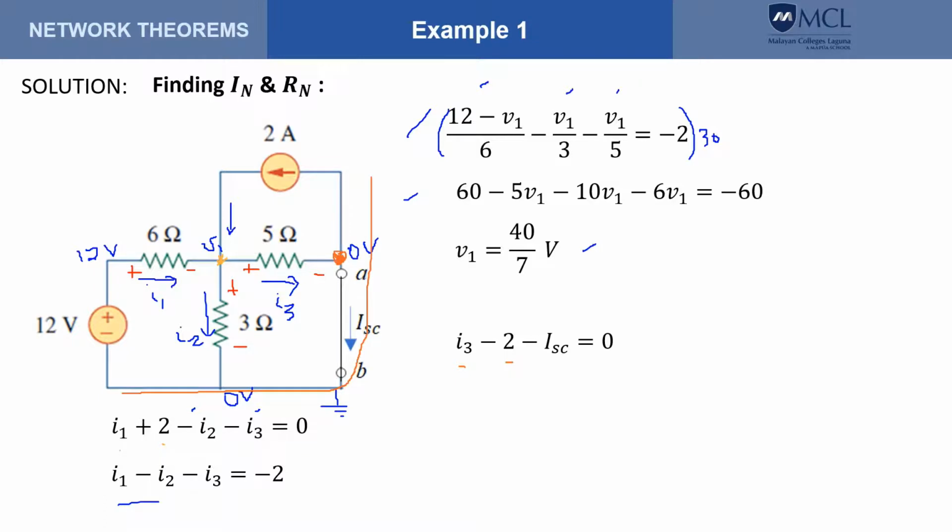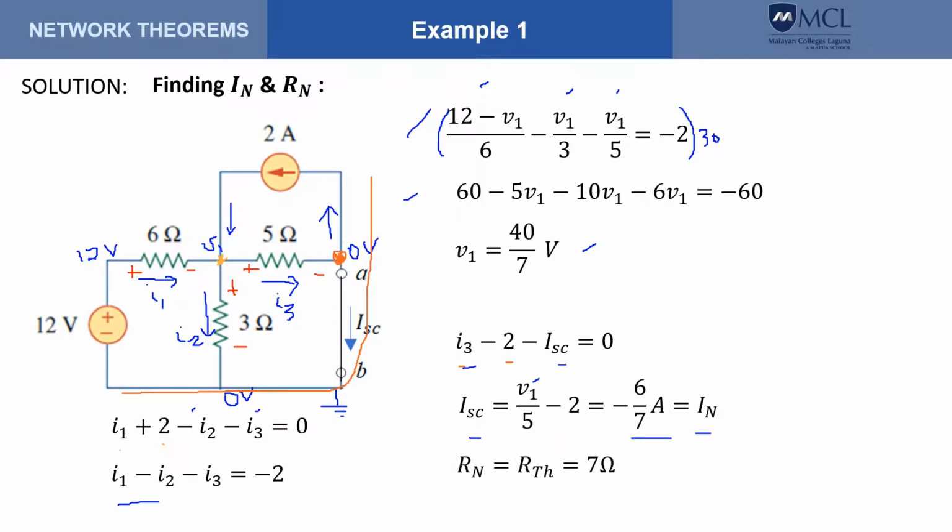The 2 amperes is leaving that node, and then minus I sub SC, which is also current leaving from that node, equals 0. From this, we can compute I sub SC. We know I sub 3 to be this one, so we can then compute the current I sub SC, which will give us this answer, and that becomes our current I sub n.